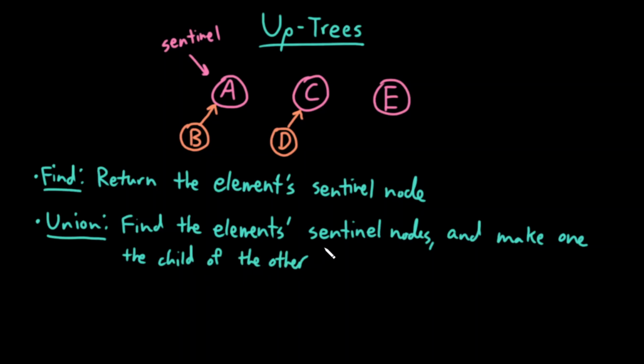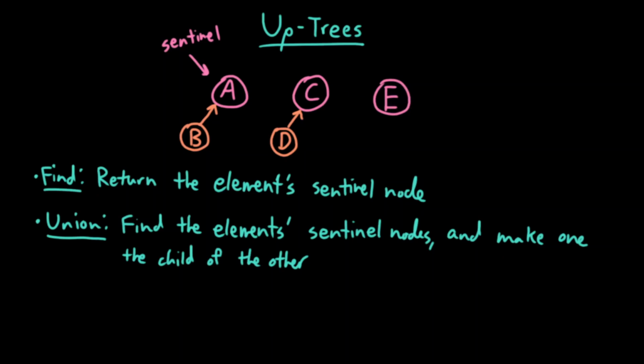So for example, if I wanted to do a union operation on E and B, I would find B's sentinel node, which is A, just using the regular find operation. I would find E's sentinel node, which is just node E, again using the regular find operation. And I would make one of these the child of the other.